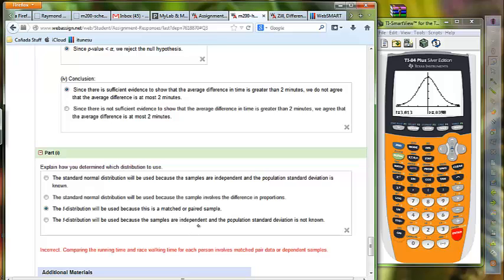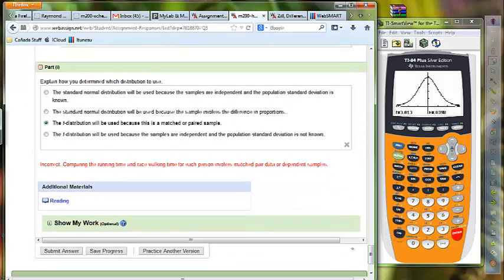There's a 2-samp t-test with a different set of rules and parameters, and you'll have different degrees of freedom for that. But for matched pairs, we're going to use a t-distribution. Okay, let's submit answers and check our work to make sure it's all correct.